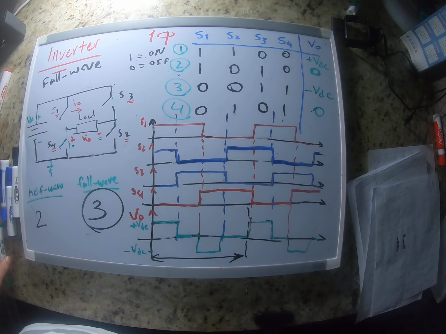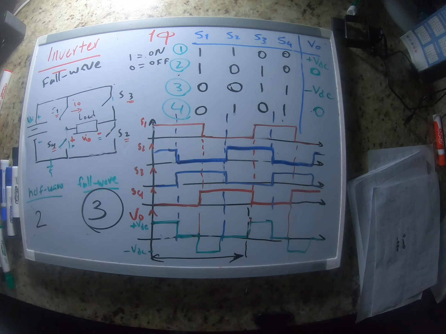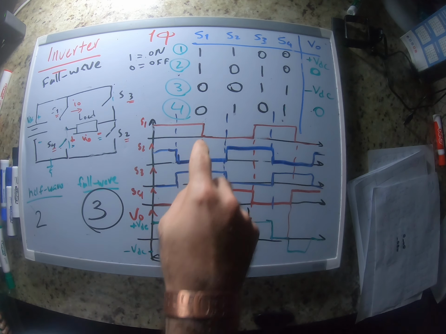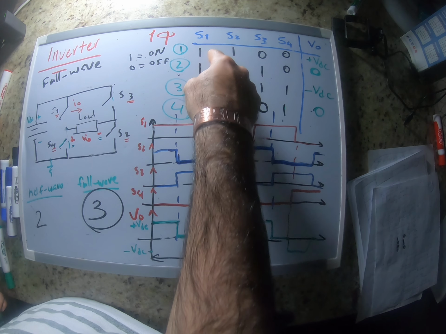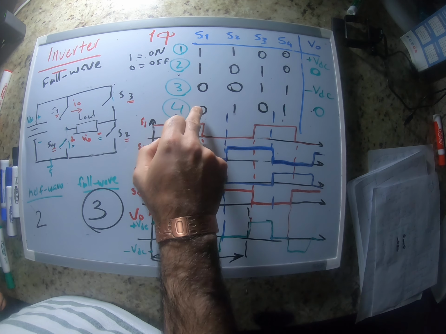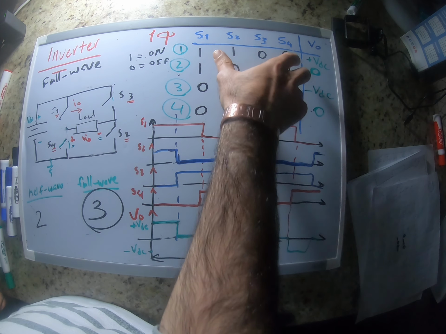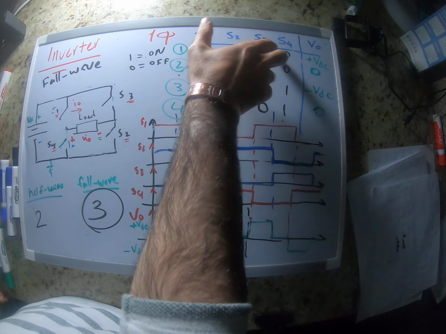Now, the problem with what we have right now is that in reality we cannot have 2 things happen at the same time, right? I'm talking about S1 and S4, for example.